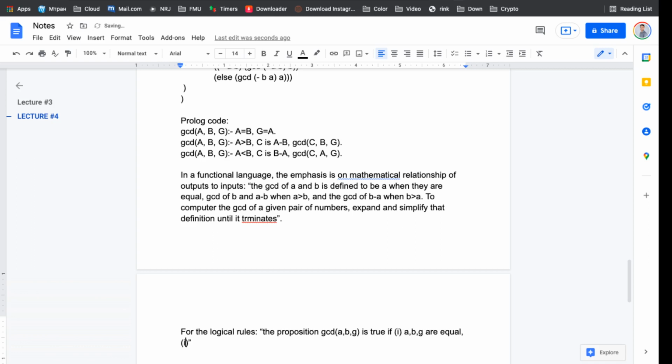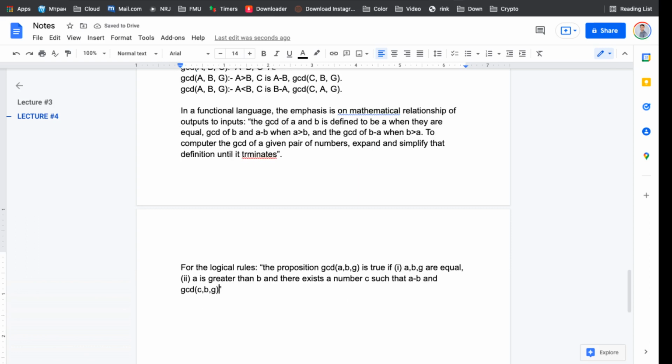Or, this is true and that is true: A is greater than B, and there exists a number C such that C is A minus B and GCD of C, B, G is true.